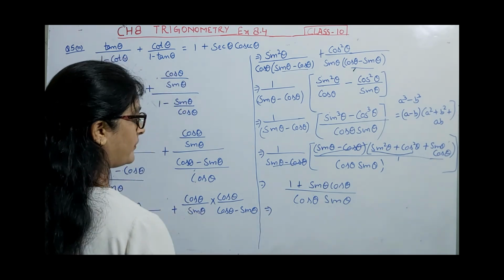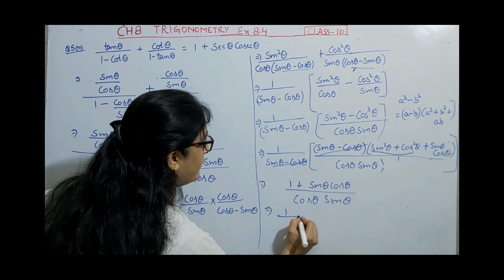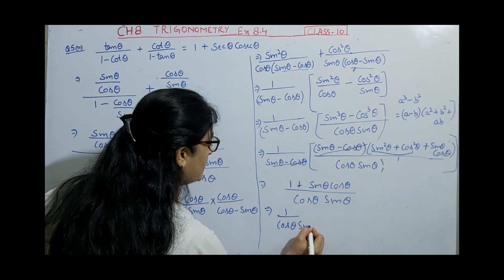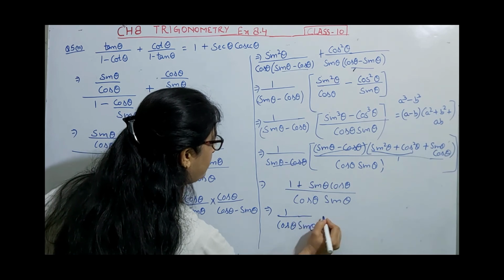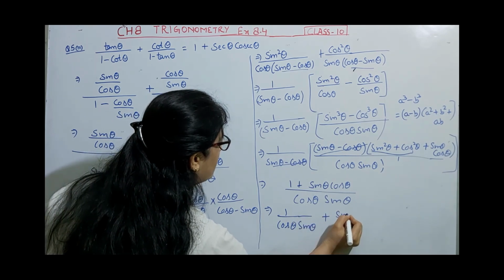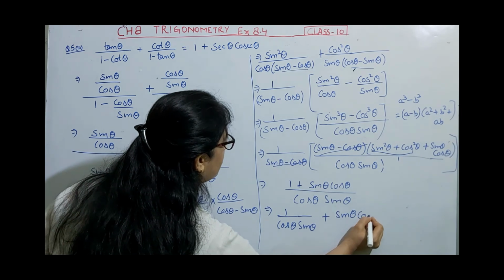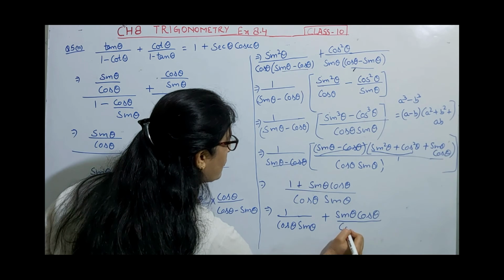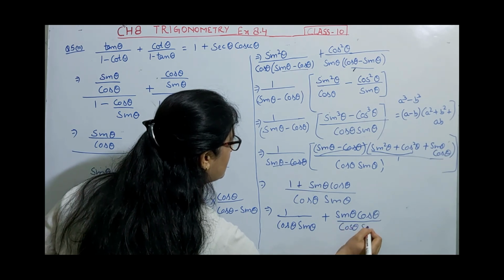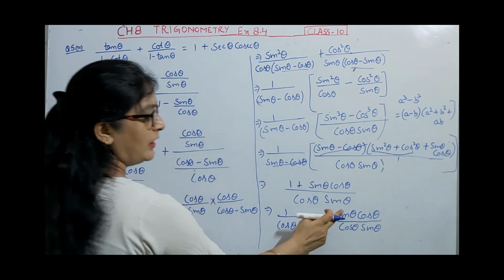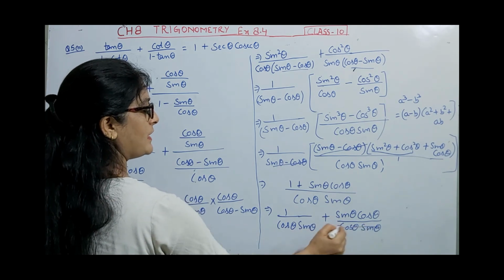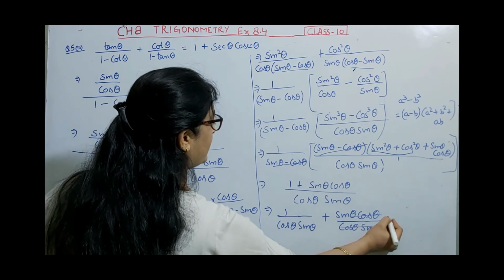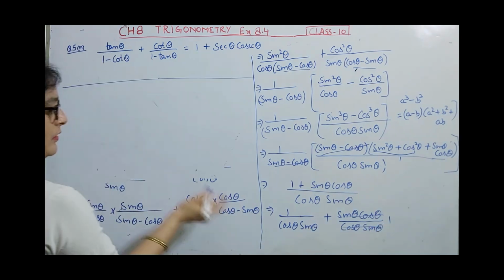It becomes 1 divided by cos theta sin theta plus sin theta cos theta divided by cos theta sin theta. Again these both terms are the same, they cancel. So it becomes 1.